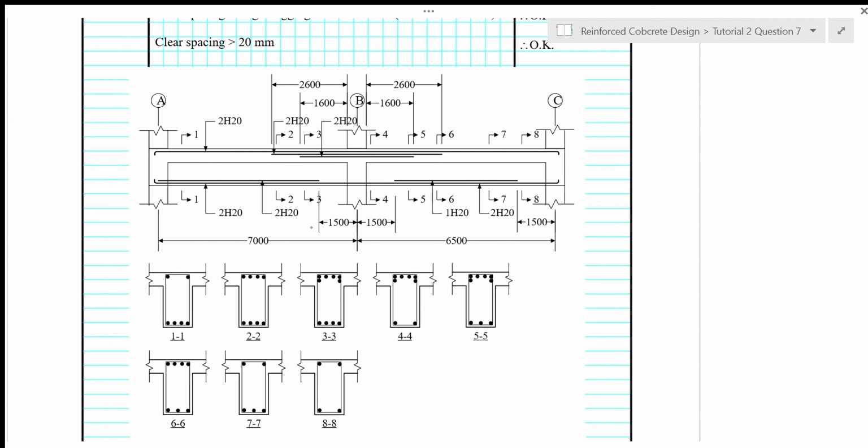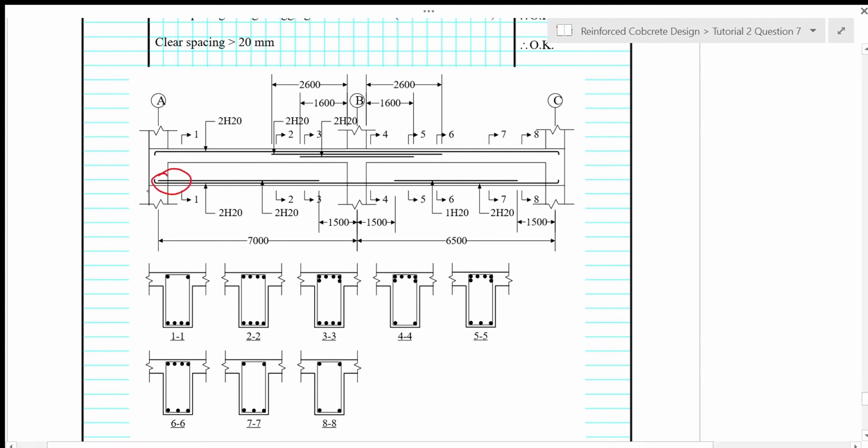And then for span AB here, in fact in the simplified detailing rule you can reduce this to 30% of the bars here. But if you reduce to 30%, then it is less than the steel that you need for both bending and shear, as we have calculated for additional tension steel from shear added to the requirement for bending.